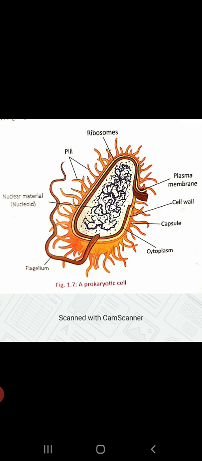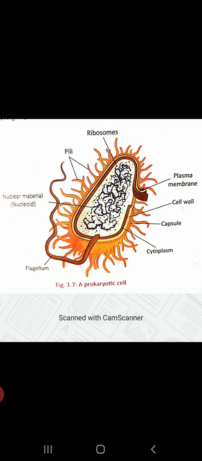However, in prokaryotic cells, the nuclear material is scattered in the cytoplasm. It is not limited within the nuclear membrane region. Yeah? And this scattered genetic material is not called as nucleus here. It is called as nucleoid. ठीक है? That is the nuclear material and it is called as nucleoid.